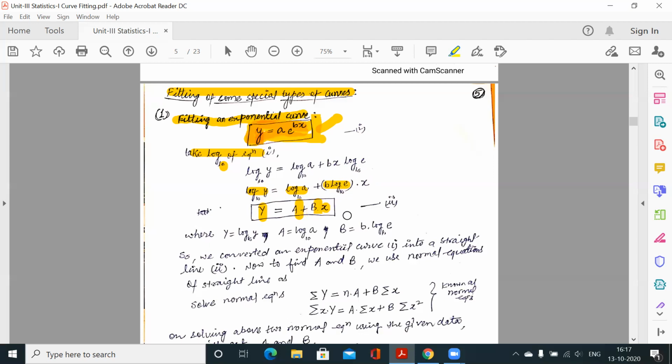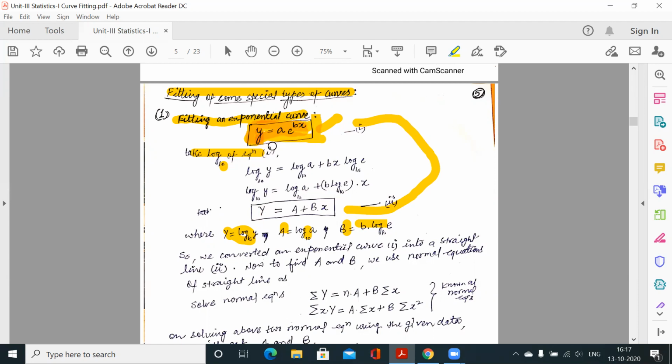Clear? So now, initially our original variables were small x and small y. Now by using these substitutions, log y is equal to capital Y, log a is equal to capital A, and b into log e is equal to capital B. So using these values, we have converted this exponential curve into a straight line.